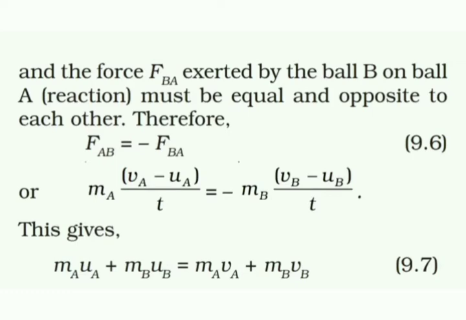The negative sign shows that the forces are equal and opposite, or mA into (vA minus uA) by t equals minus mB into (vB minus uB) by t. By solving the equation, we get mA uA plus mB uB equals mA vA plus mB vB.